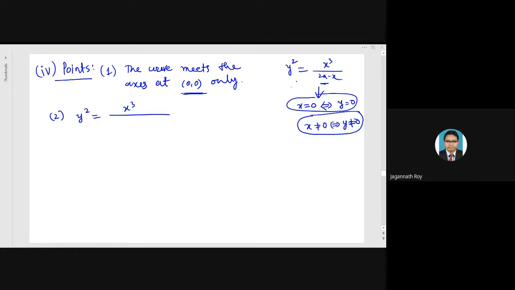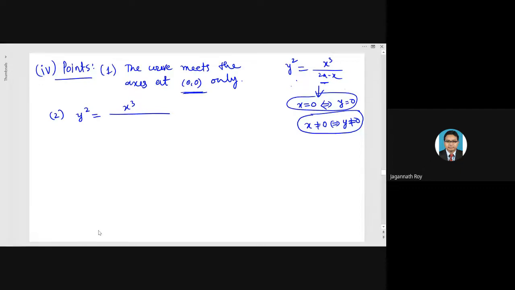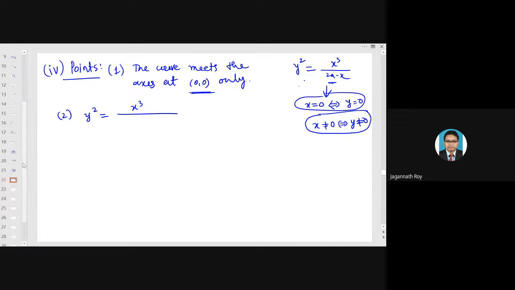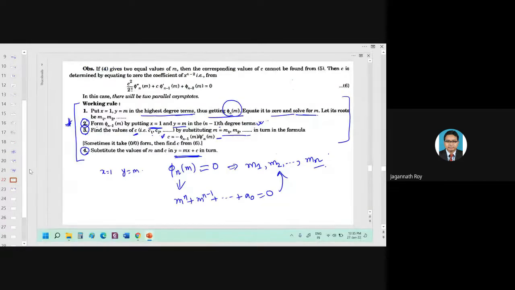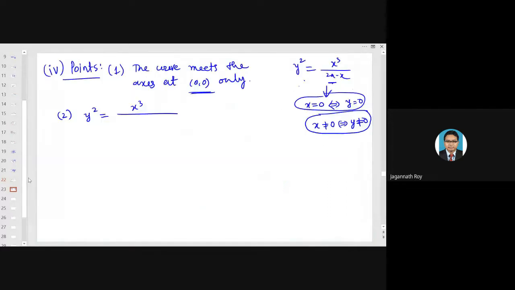So if you remember the concept of inclined asymptote, we need to satisfy this relation. We'll come back to this topic, and then let us just understand the points.